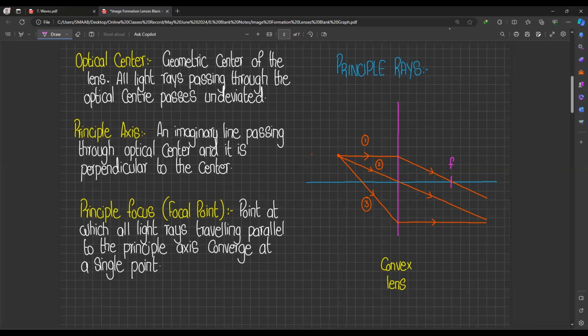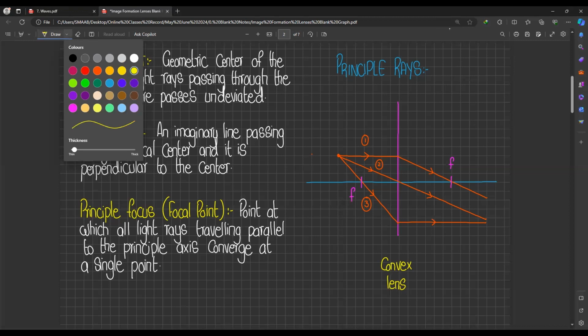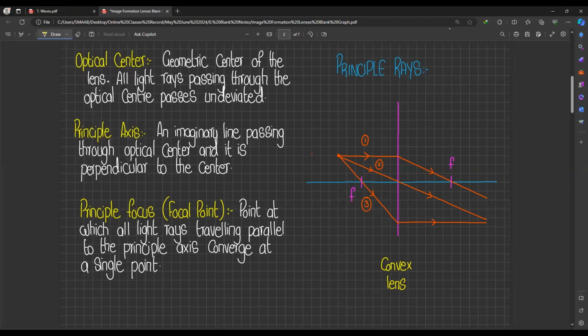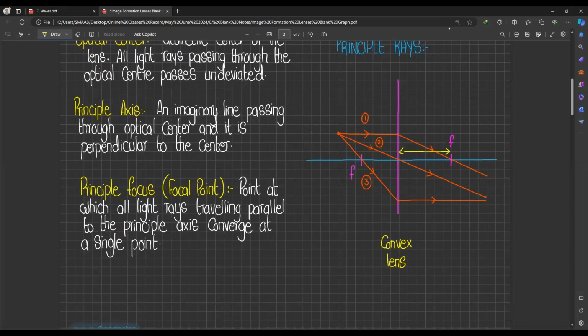On the other side we also get another focus, at the same distance on both sides. If we measure the length from the lens to this focal point, it is another term called focal length.